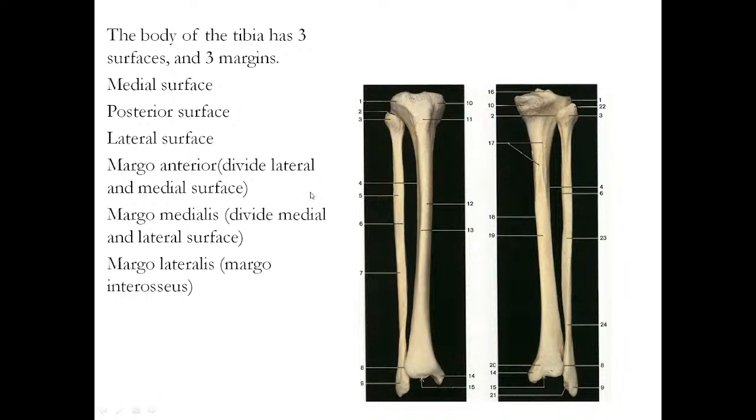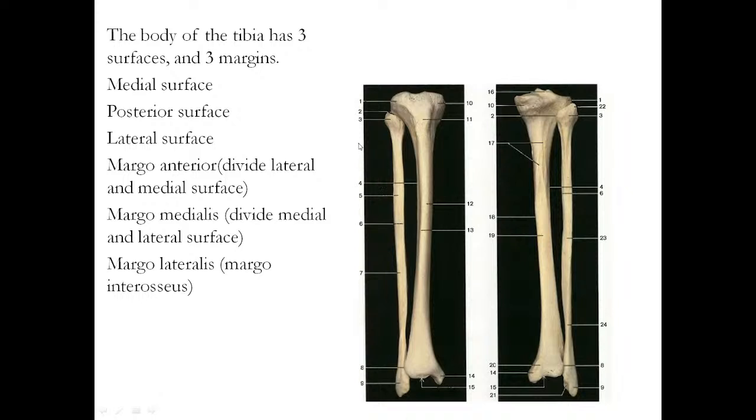This is margo anterior, margo medialis, which divides the medial and lateral surfaces, and margo lateralis, or margo interosseus. Between the fibula and tibia is located the interosseous space.